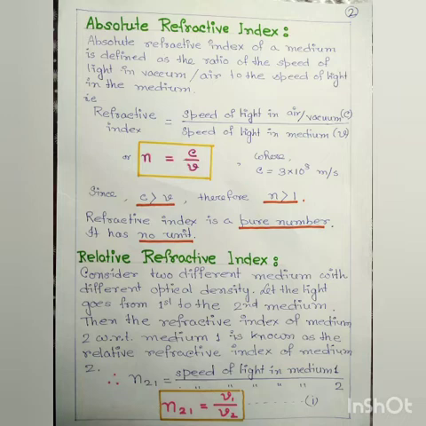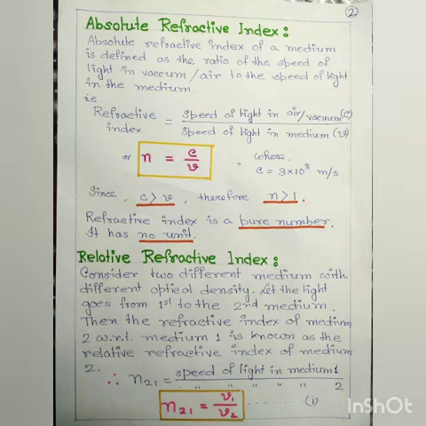Let me repeat again. We have to consider two different mediums with different optical density. If light goes from the first to the second medium, the refractive index will always be the refractive index of the second medium with respect to the first medium.